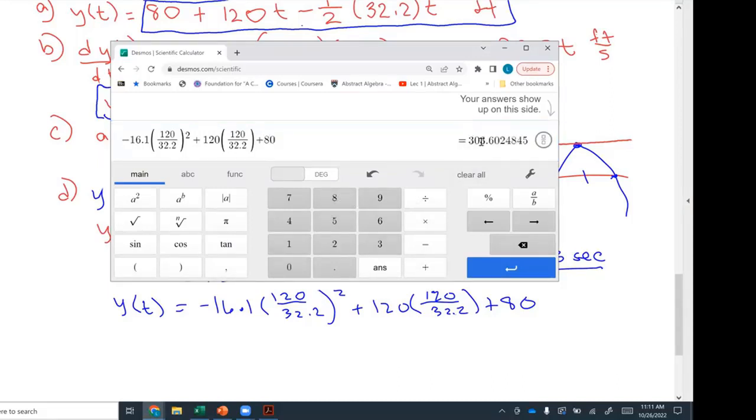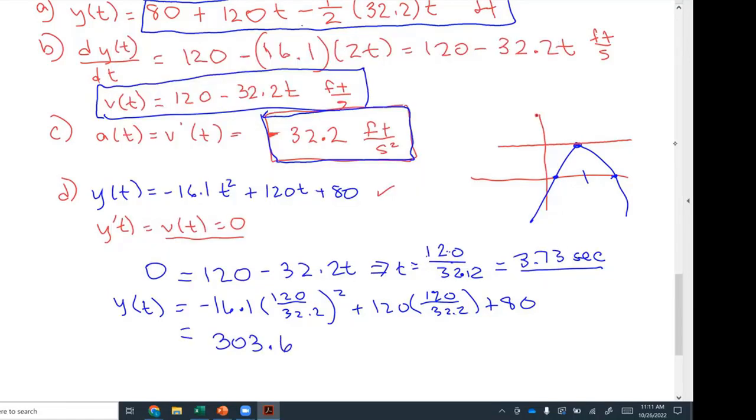And this is my answer right here. So 303.6. My maximum height is 303.6 feet.